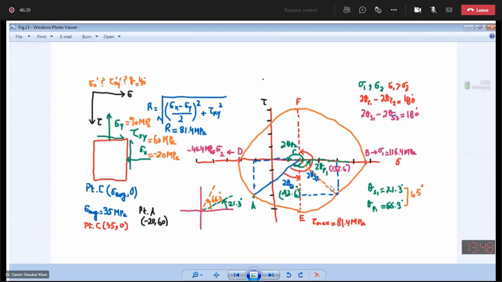Please let me know the answer of coordinates of the point P which is 80 degrees from the reference plane CA.